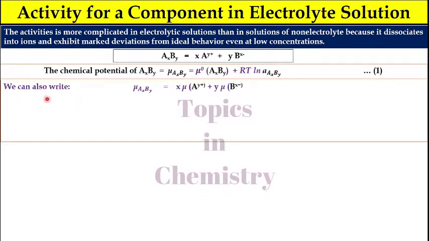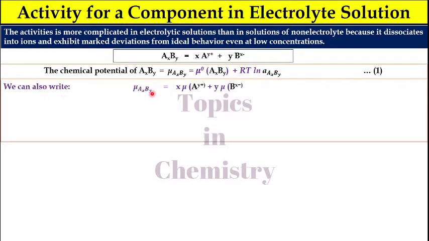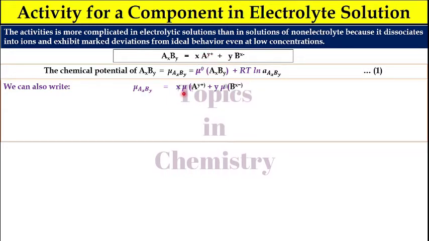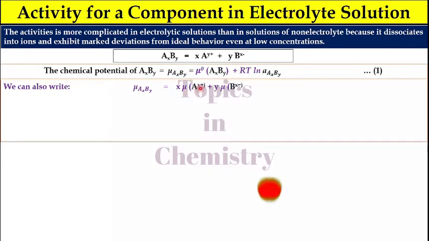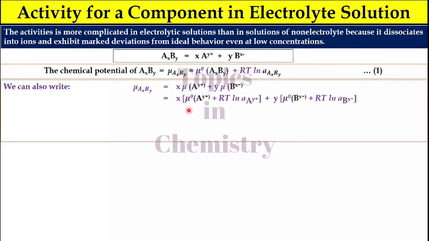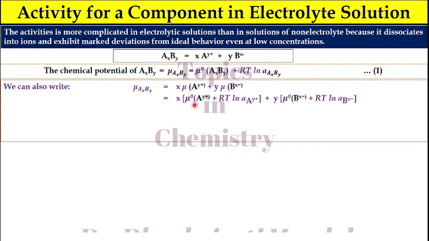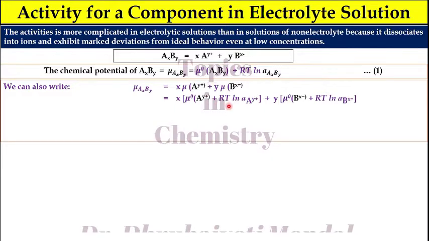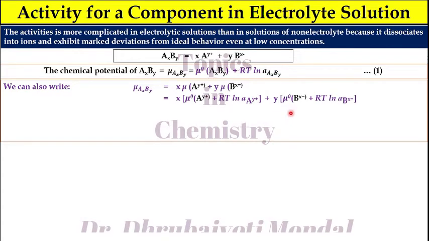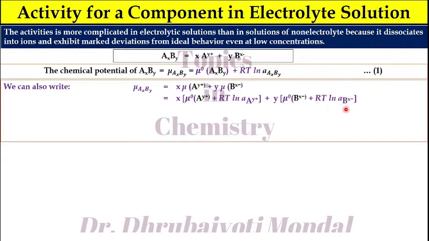Now we can also write mu AxBy is equal to x mu of the cation, so x into mu A^y+ plus y into mu B^x-. Therefore, you can write x into mu 0 A^y+, the standard chemical potential of the cation, plus RT ln activity of the cation, plus y into mu 0 of anion plus RT ln activity of the anion.